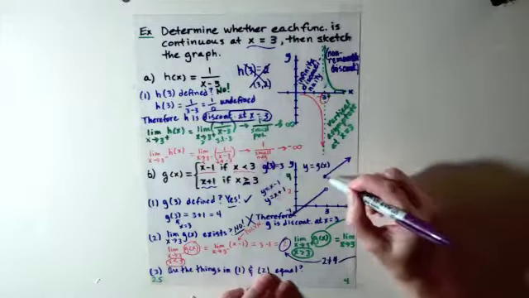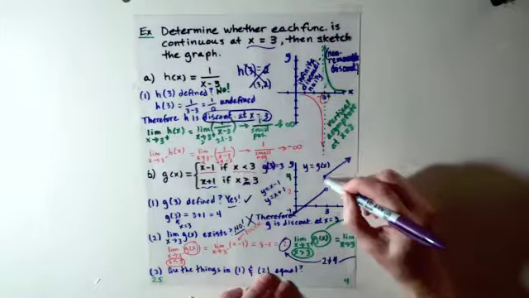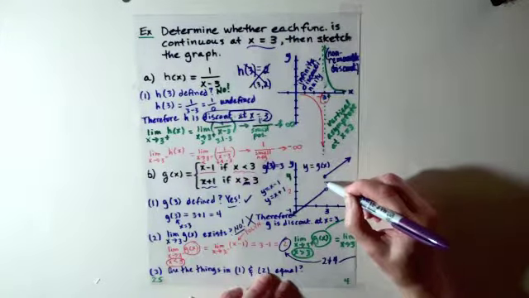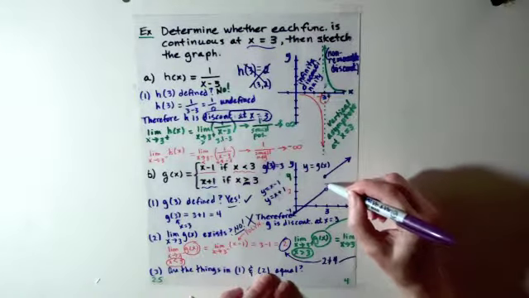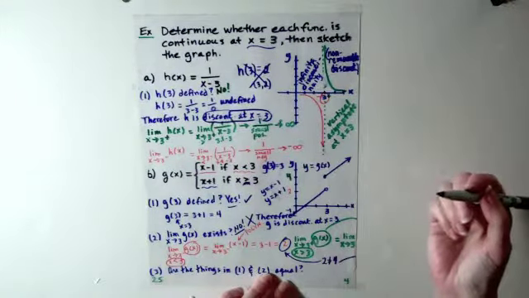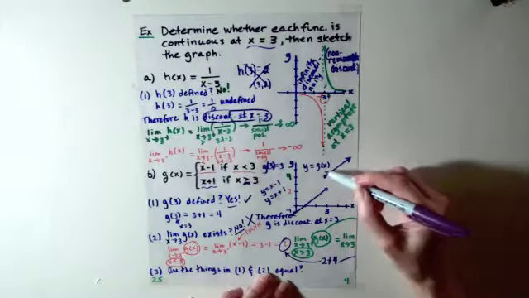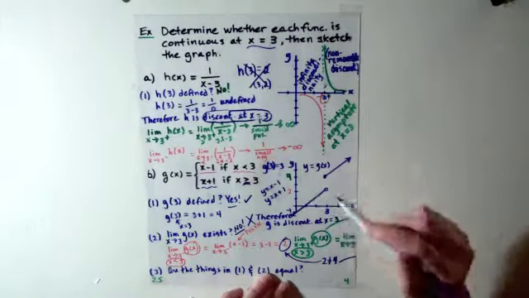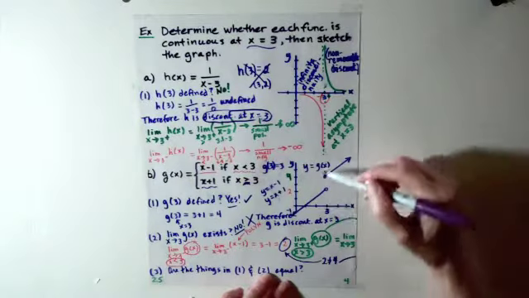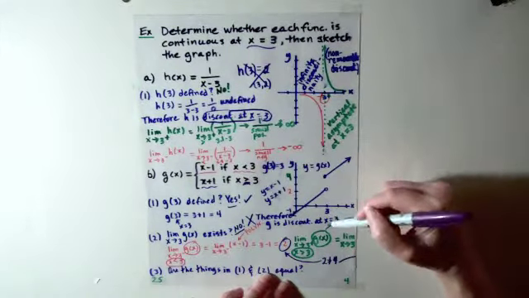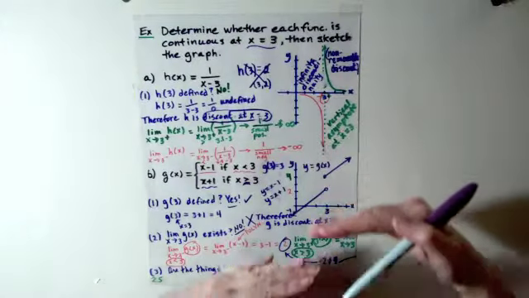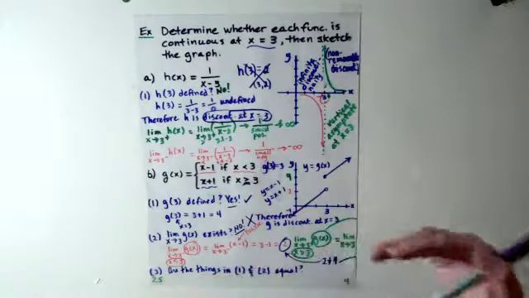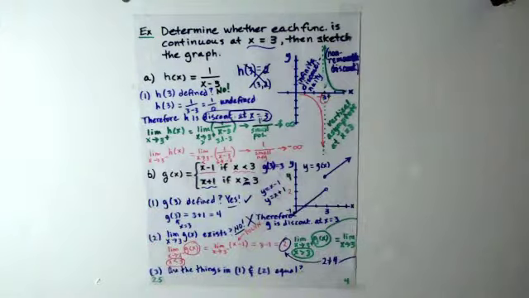All that would do would change this to an open circle, and then we would get a new dot right here at the point (3, 3), and the function would still be discontinuous. There's no way in terms of the graph to add one dot or move one dot along the line x equal 3 to make this become a continuous function, to bridge the jump that's between these two chunks of the graph.